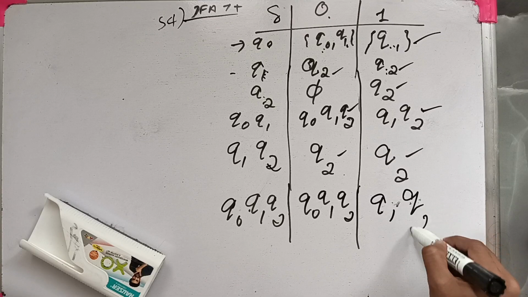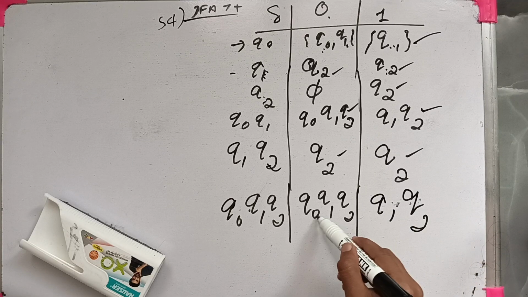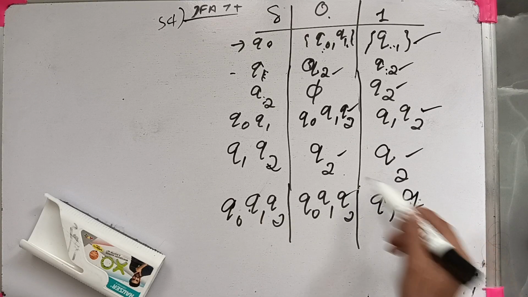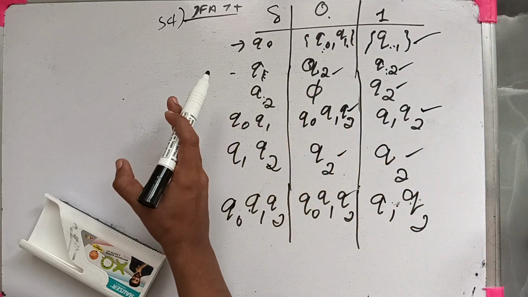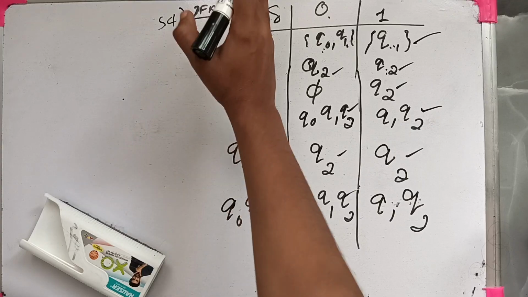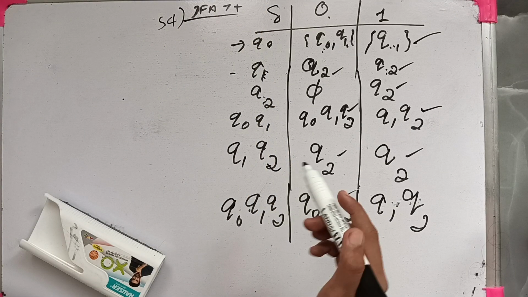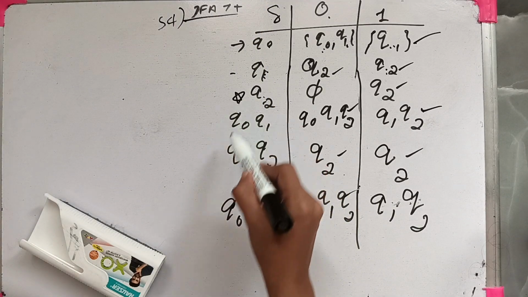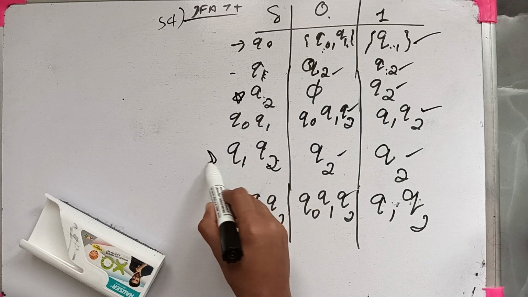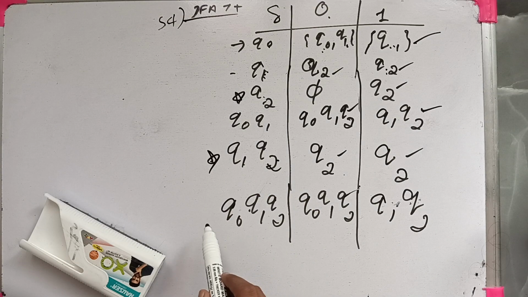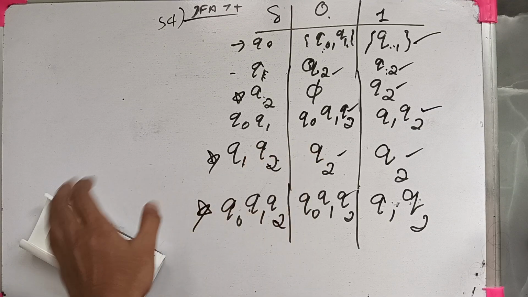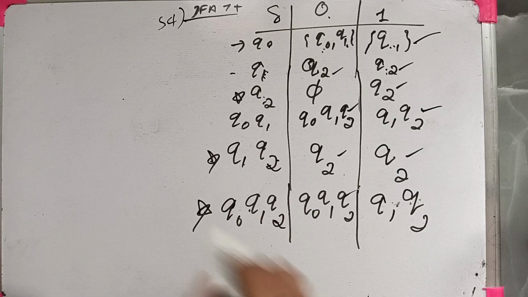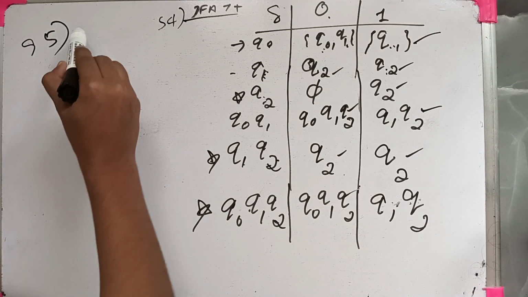Okay. So Q0, Q1, Q2 is done and Q1, Q2 is already done. You need to check that this side is also present in the transition states. Next, here Q2 is the final state, and here also Q2 is there, here also Q2 is there.